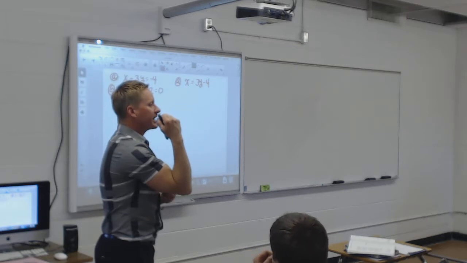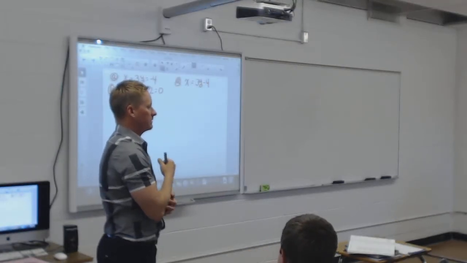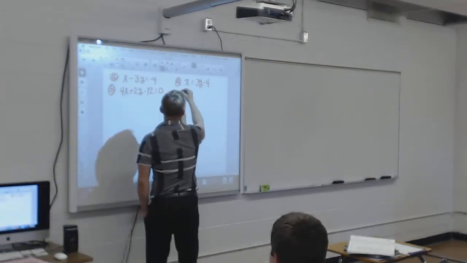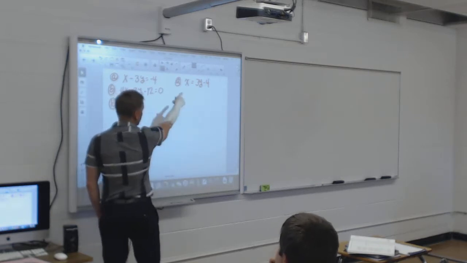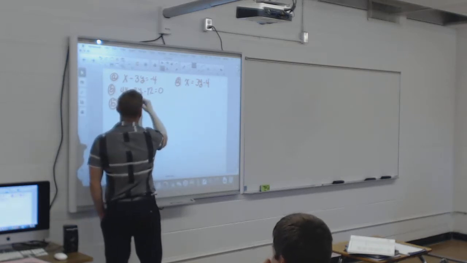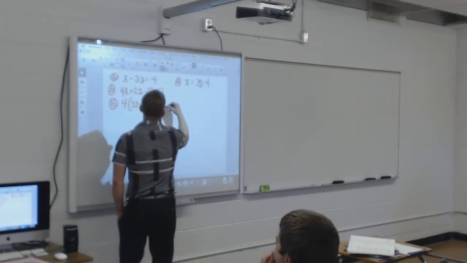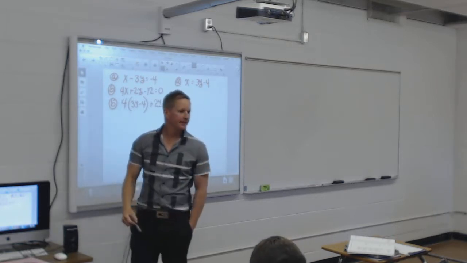So now that I have x by itself, what do I do with it? Substitute it into the B equation, right? So 4 times, instead of x, I'm putting 3y minus 4, add 2y minus 12 equals 0. Good?